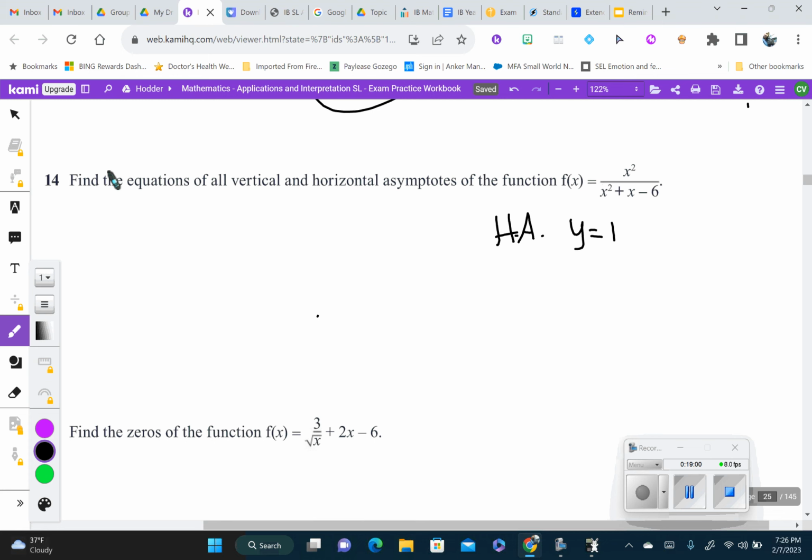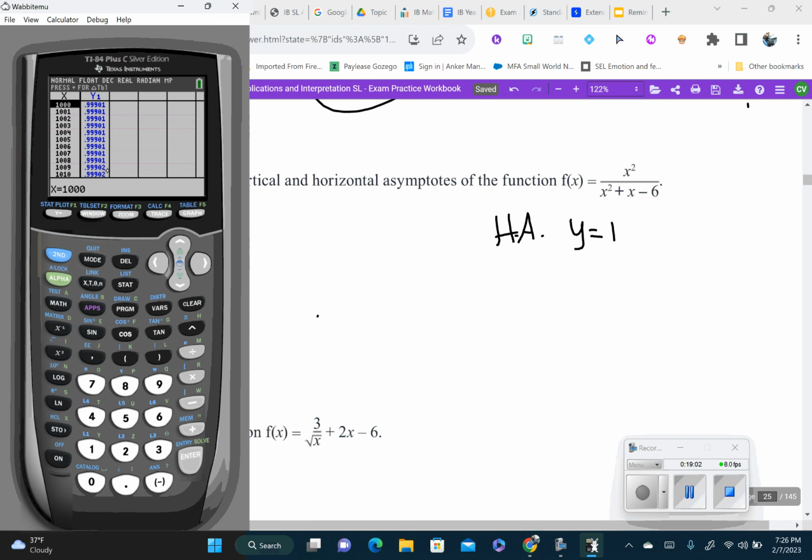There are 2 other asymptotes, which looks like there are some vertical asymptotes here, right? Right here is one, right here is another one. So if I go back to second window and I change this back to 0 and I hit second graph, I'm looking for where it says errors. So I see an error. Okay, I see 2 errors.